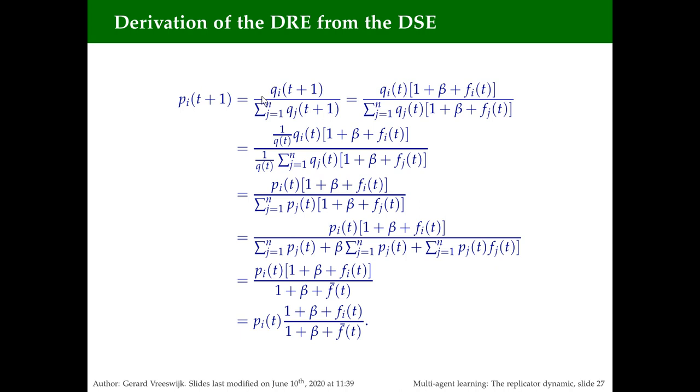This is the definition of pi t sub 1, it's just a basic filling out exercise. q i t plus 1 is defined as q i t plus, fill it out, cancel terms that cancel each other out, and you end up with the discrete replicator equation. So I'm not going through this with you. You can check it yourself if you suspect it's not true. Let's move on to the next slide.